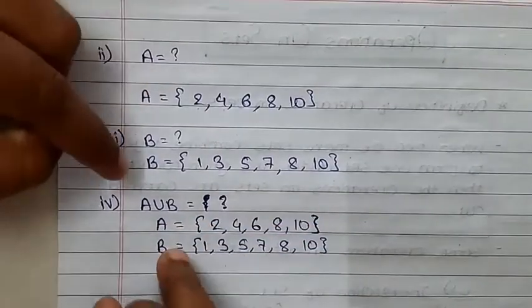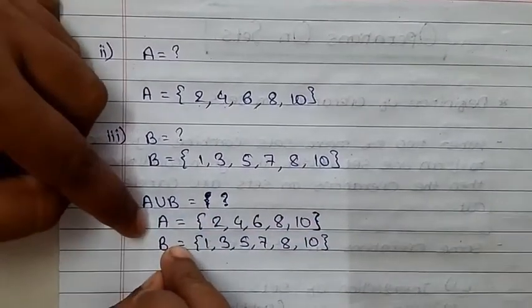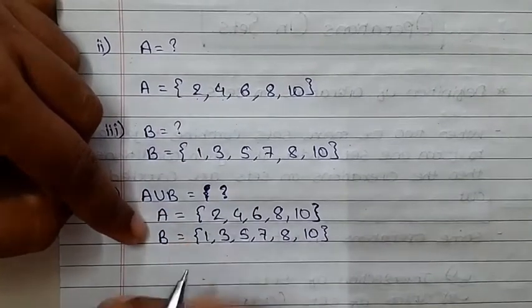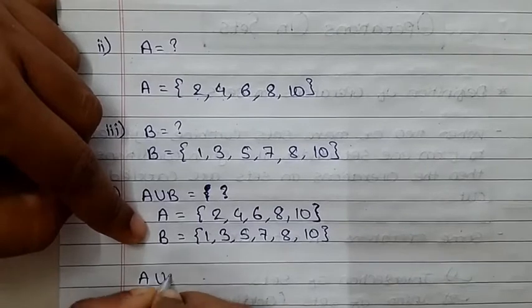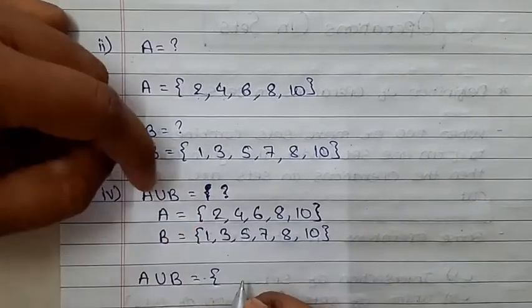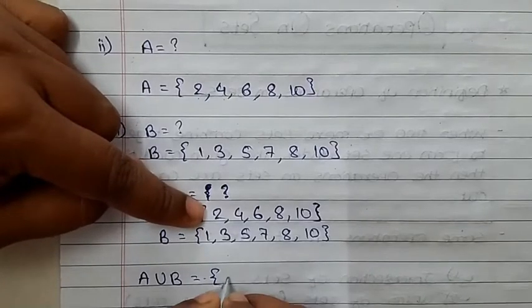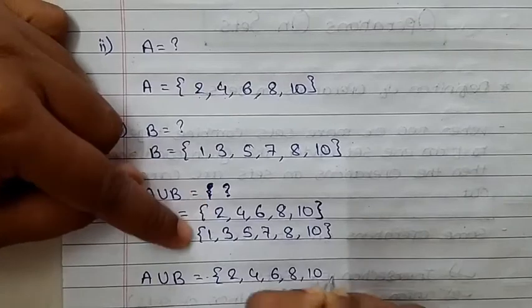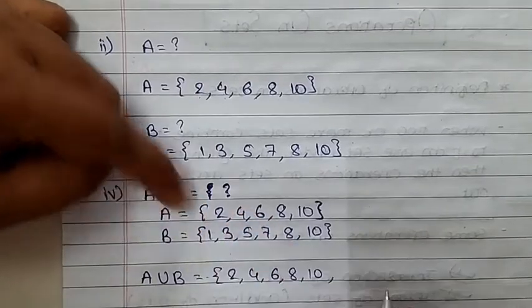When we calculate union of this set, all the elements from first set and all the elements from second set are included. So, when we calculate A union B, write down all the elements from set A, that is 2, 4, 6, 8, 10. Okay, next 1 is in the A?